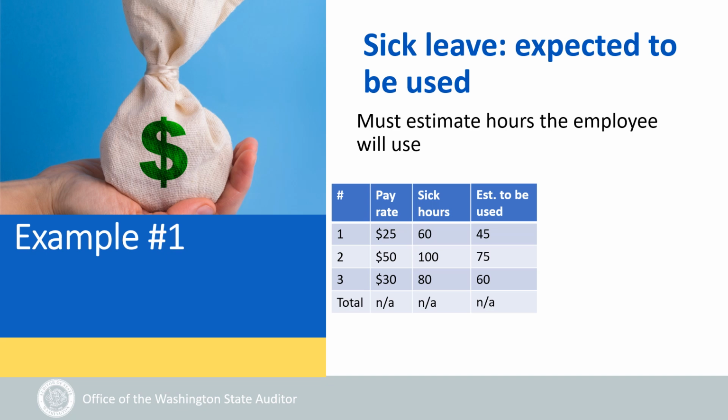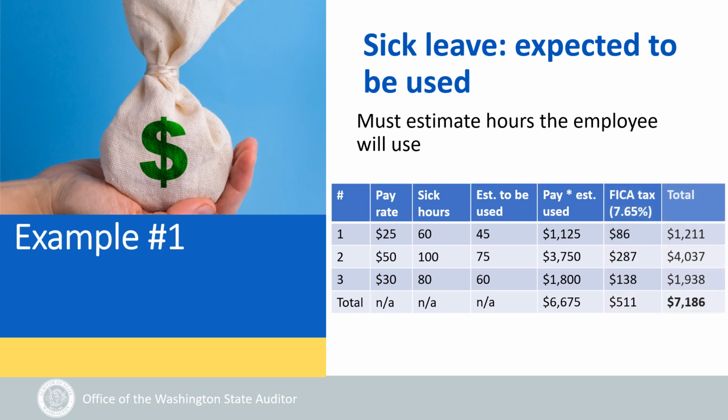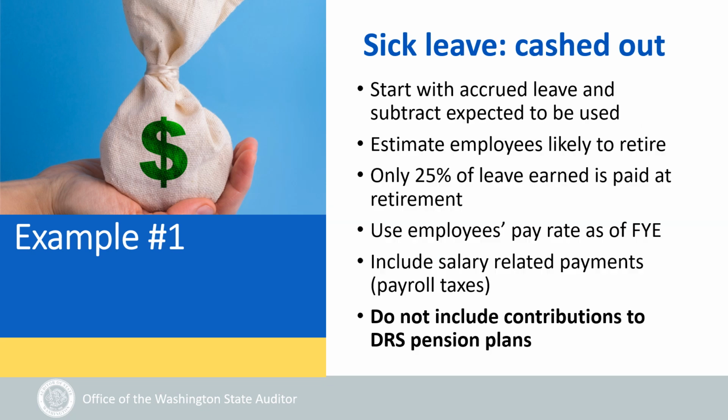Next, we take the hours estimated to be used and multiply it by the pay rate. Add salary-related payments, and you get your total. So for sick leave expected to be used, we have $7,186.